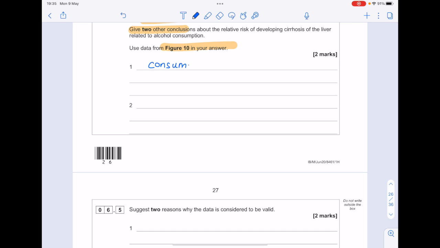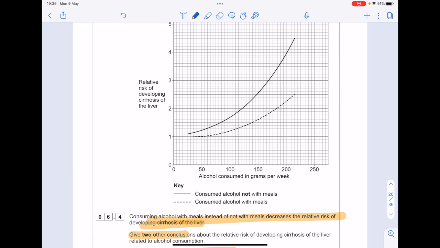So the easier marking point here is: consuming alcohol increases the relative risk both with and without meals. Let's use some data to support this. Let's just use the one without meals.